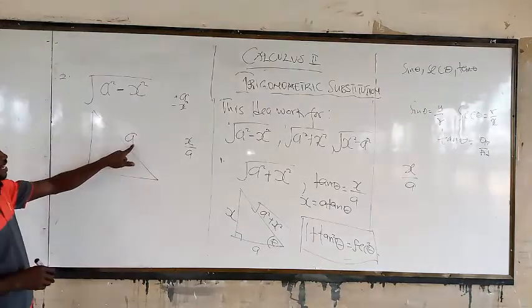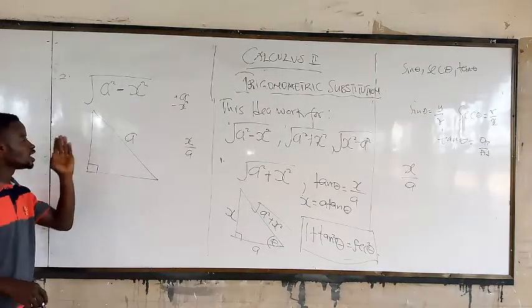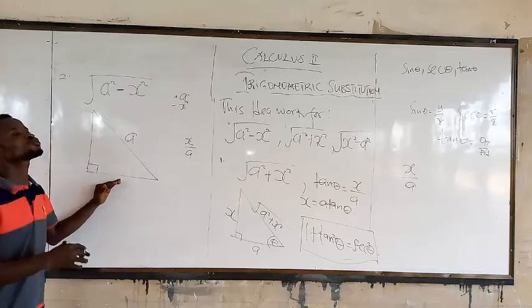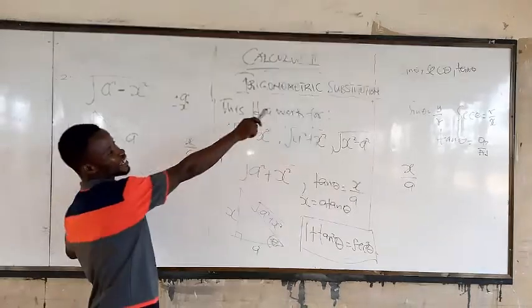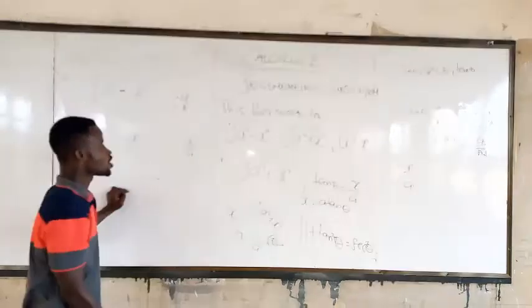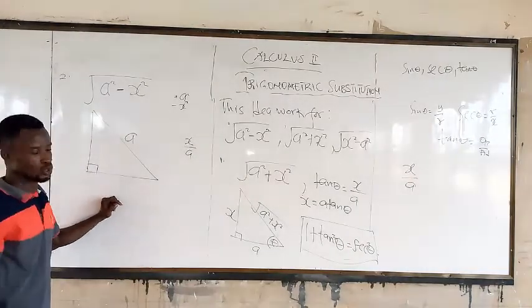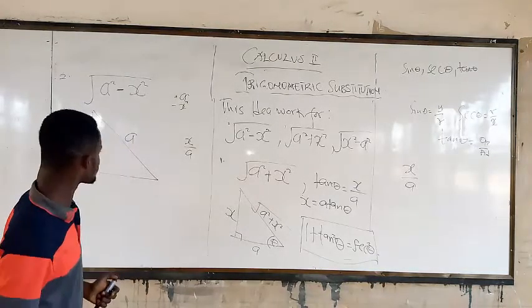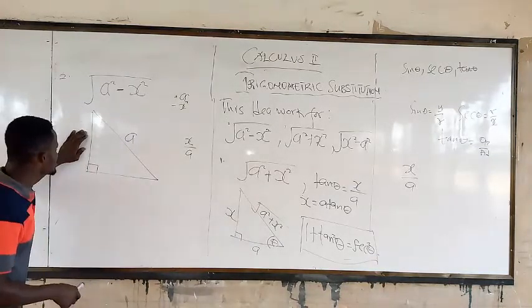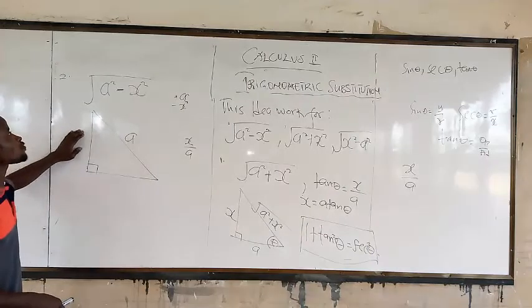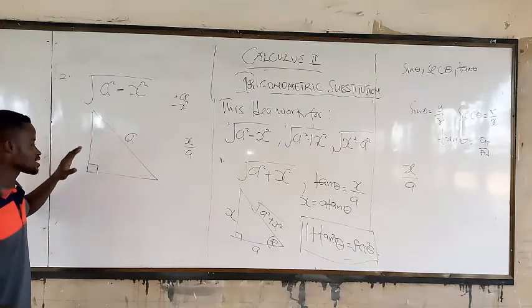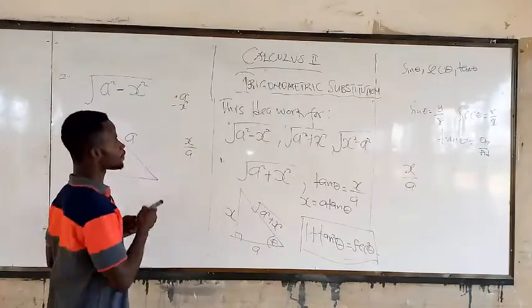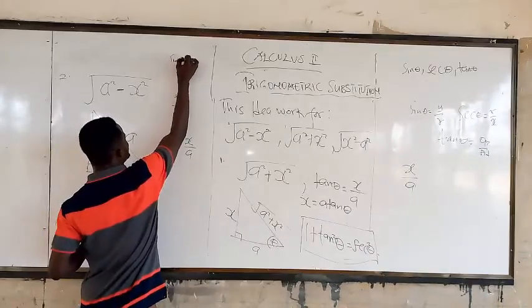And if that represents your A, then to write the one that will be here or here, we need to go by these three trigonometric identities. Which one is going to help us? So we are saying that here can be S or the square root of A squared minus S squared.